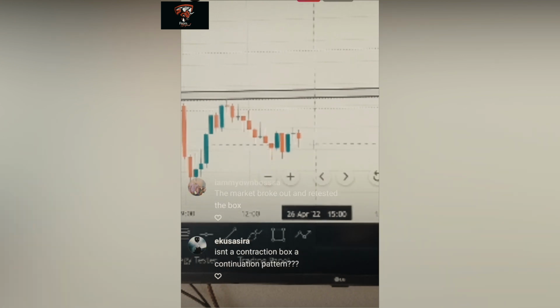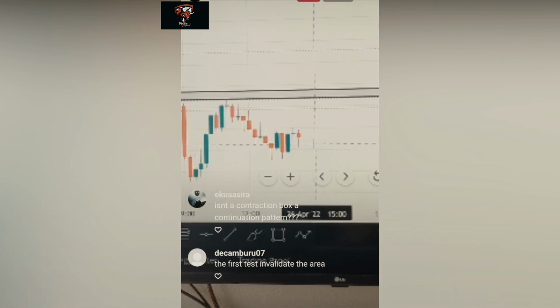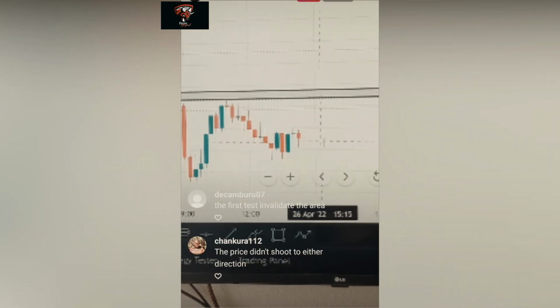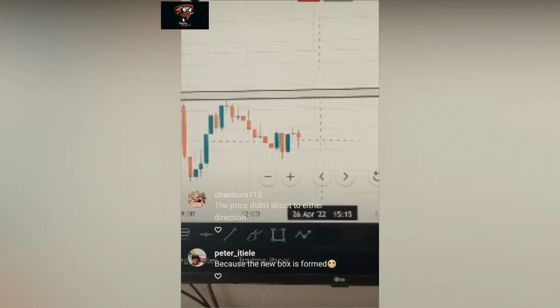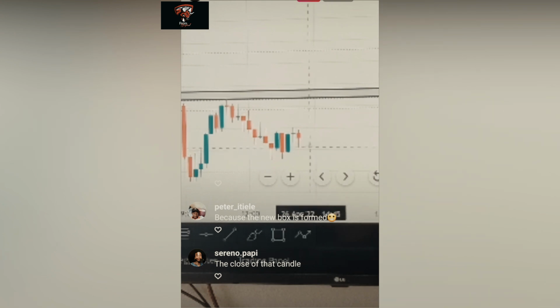Was it a failed 50? No. Dodgy candle? No. Liquidity? No. Go ask those guys who trade this. Let's see if they know why it was violated, and we won't take this as a contraction box, and you'll see price will do nothing at this level.